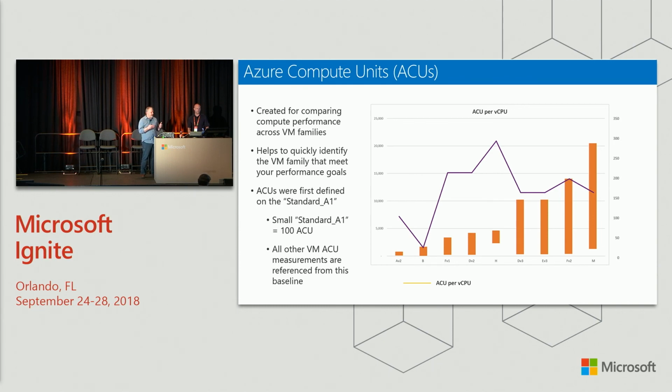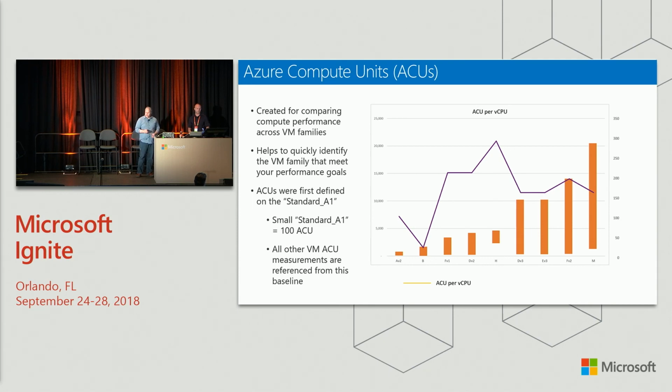If we look at how powerful each individual vCPU is, you can see that, for example, the B series is not very powerful on an individual CPU basis, but the H series and the FV2 series are very powerful from an individual vCPU basis. That's why if you're doing a really compute-intensive workload, something that's really pushing the CPU, the H or the F series are the VMs you'd want to run.